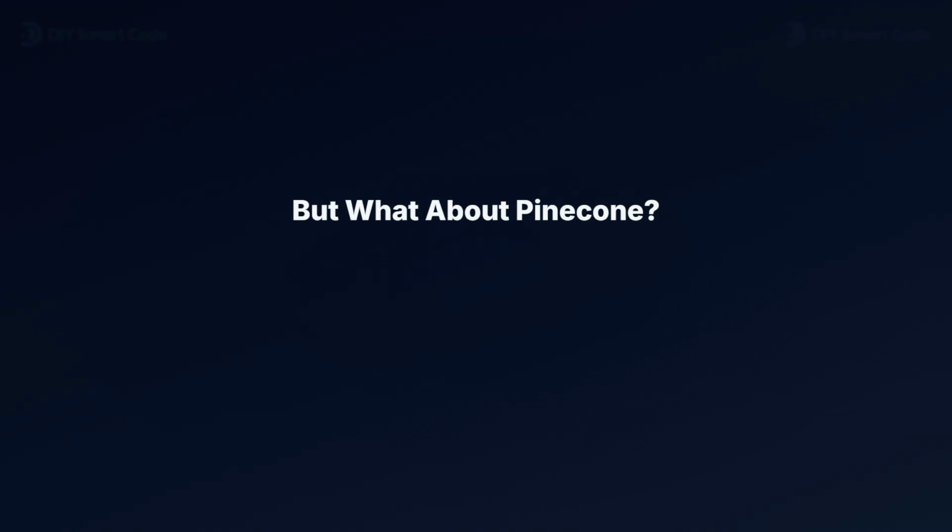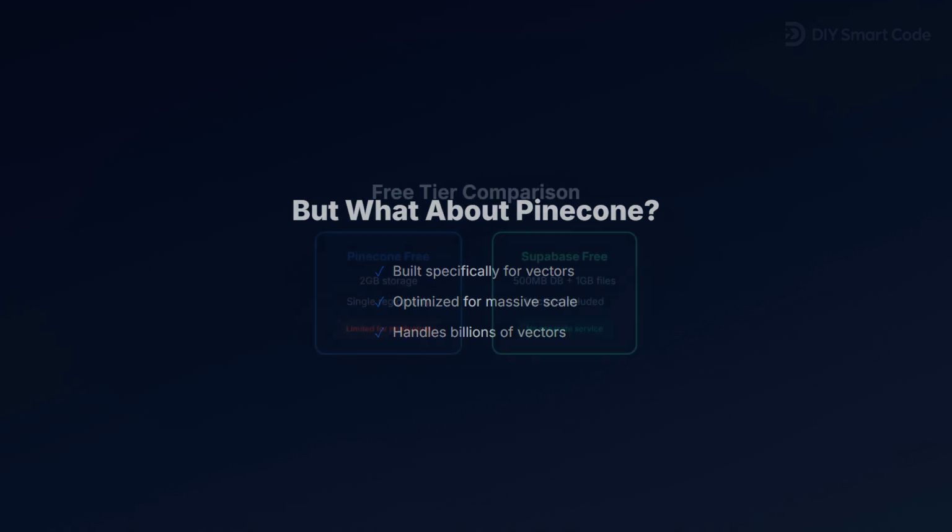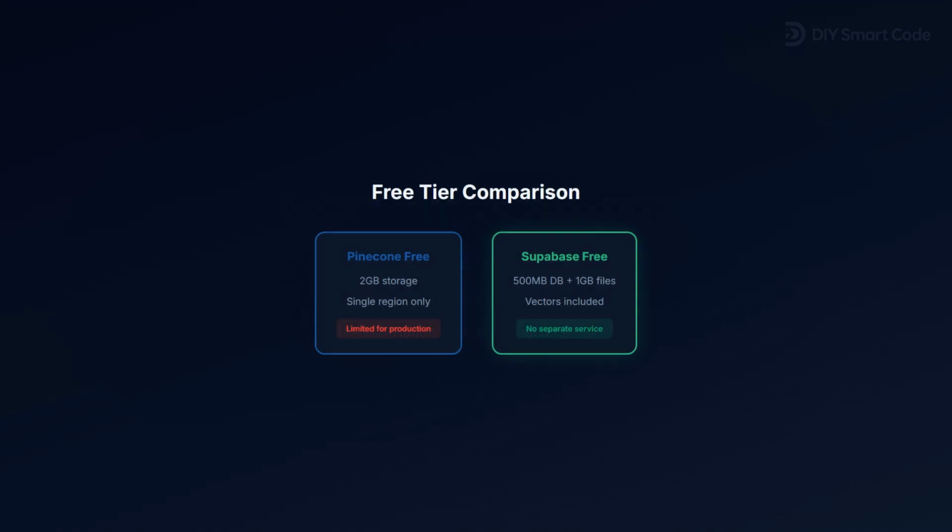Now you might be thinking, but I've heard of Pinecone. Isn't that the standard choice? Pinecone is built specifically for vectors. It's optimized for massive scale, billions of vectors. It handles all the infrastructure automatically. Yes, Pinecone has a free tier, but it's limited to 2 GB of storage and locked to a single region. For anything production ready, you're looking at $50 per month minimum.